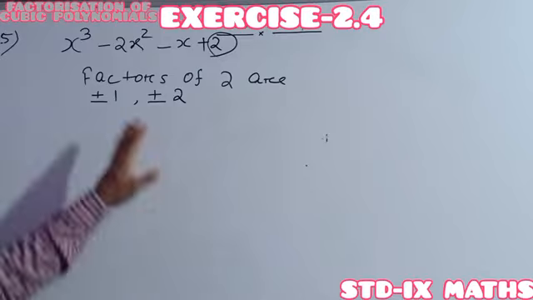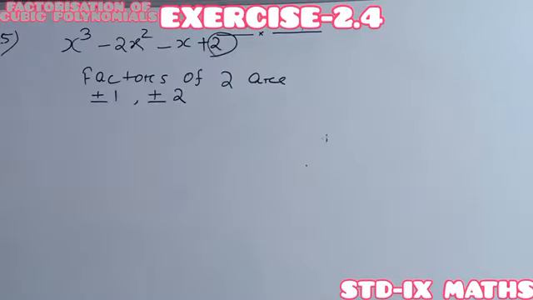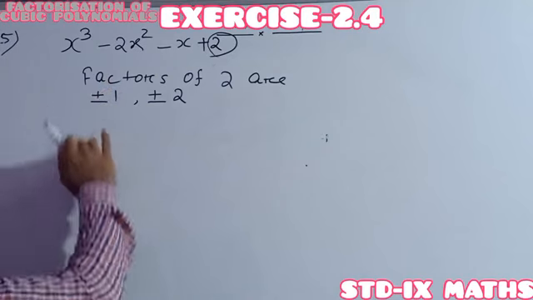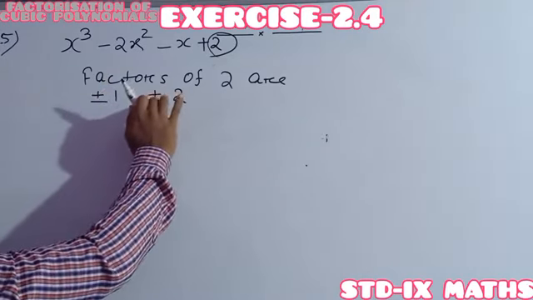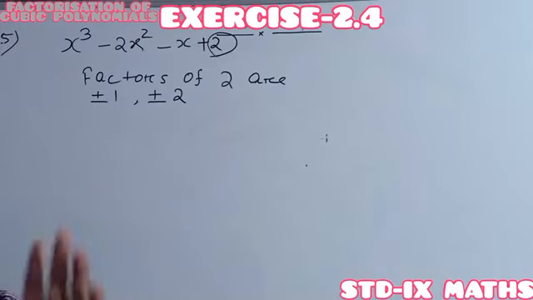So 1 is a factor of 2, and 2 is also a factor of 2. Always in this case, you take the positive number as a factor, along with its negative also as a factor. So how many numbers did we get? One is plus 1, another is minus 1, one is plus 2, another is minus 2. It means 4 options are in our hand, and our target is anyhow to find out at least one of the factors.